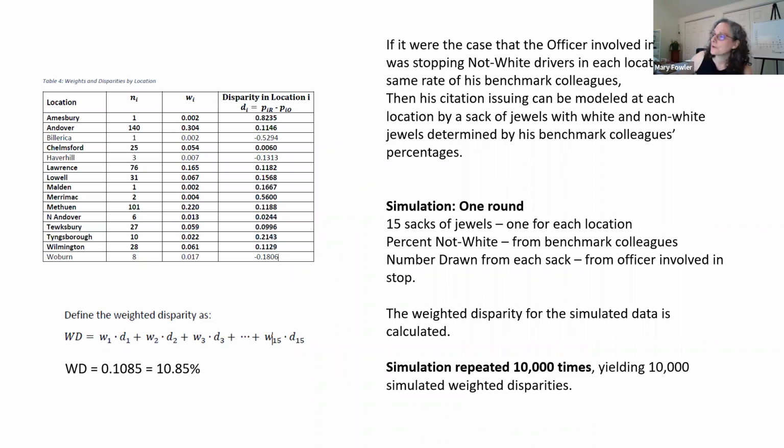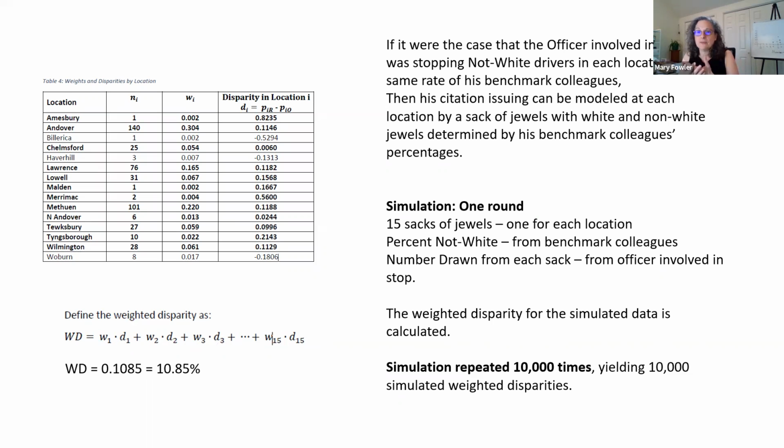The number drawn from each sack is the number of citations the officer involved in the stop wrote from each of those locations. The weighted disparity for the simulated data is calculated using this same formula. And so we would get a simulated weighted disparity by taking a sample from each of the 15 bags and calculating the percent non-white that you chose from each bag.